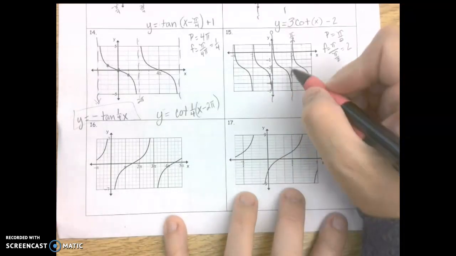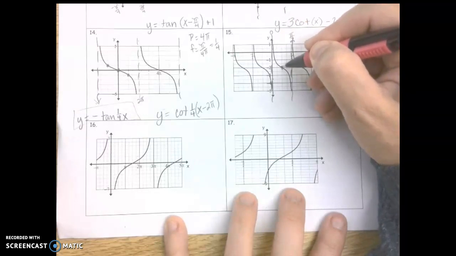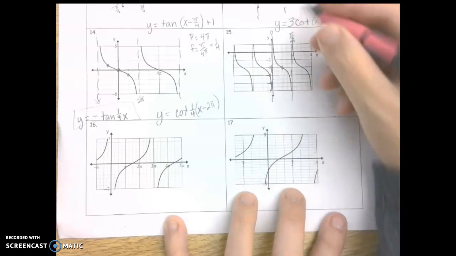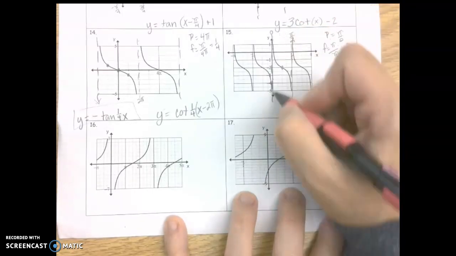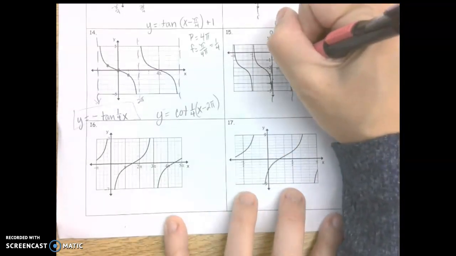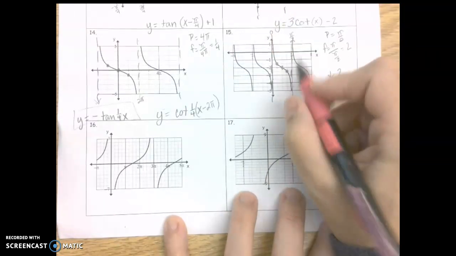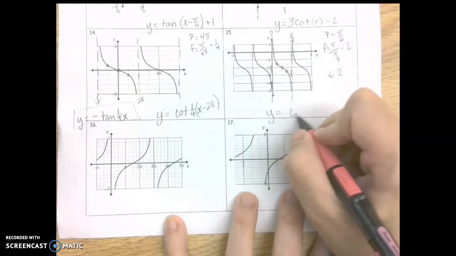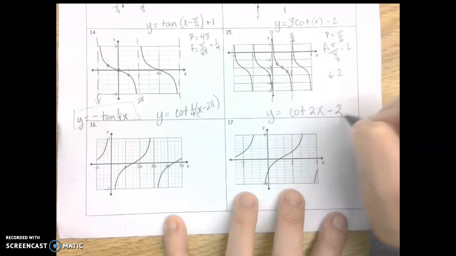Okay, and then if that's pi over 2, so halfway between is right here, so it's going to go down 2, and we'll call it a cotangent since it backs up to the y-axis and it goes from a high, mid, low. And if I go quarter period to the left, I'm right here, quarter period to the right, and there. So the vertical stretch is 1, so y equals cotangent of 2x minus 2.